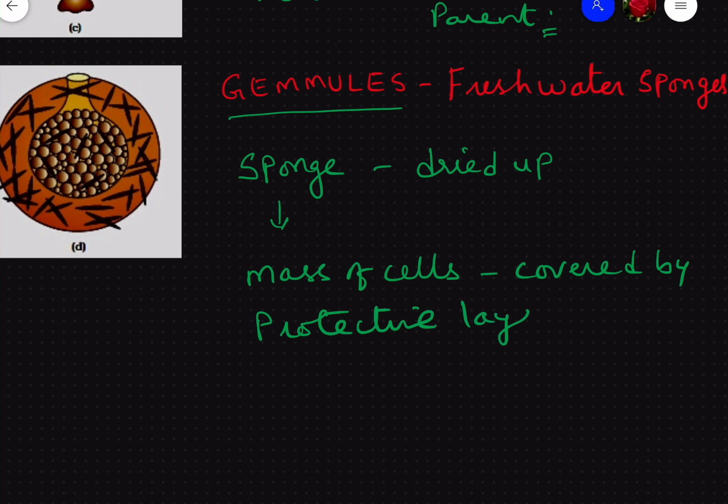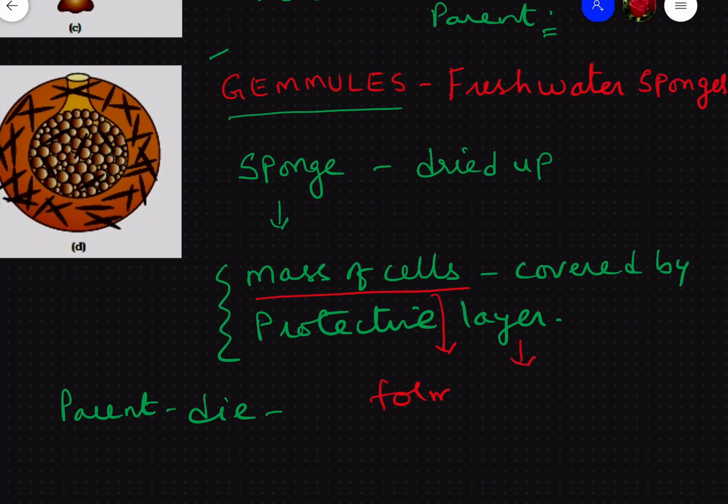This inner mass of cells with the protective layer together is called gemmules. When the parent sponge dies, the protective layer will be torn or disintegrated. Now the inner mass of cells will develop into a new sponge.